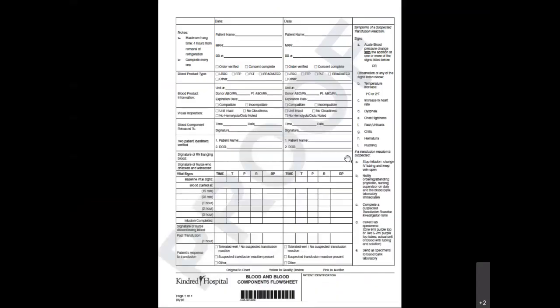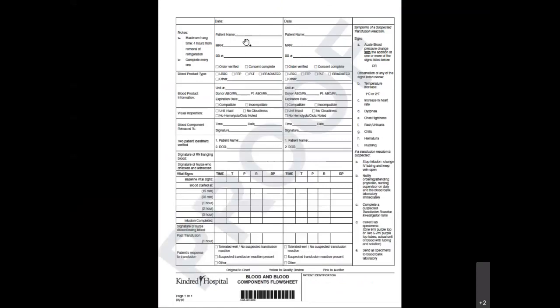It'll tell you exactly what to do with the order, what to do with the cooler, all the way down through starting the blood transfusion. This is the form. You have to complete every single line. It has 2 columns for 2 units of blood.